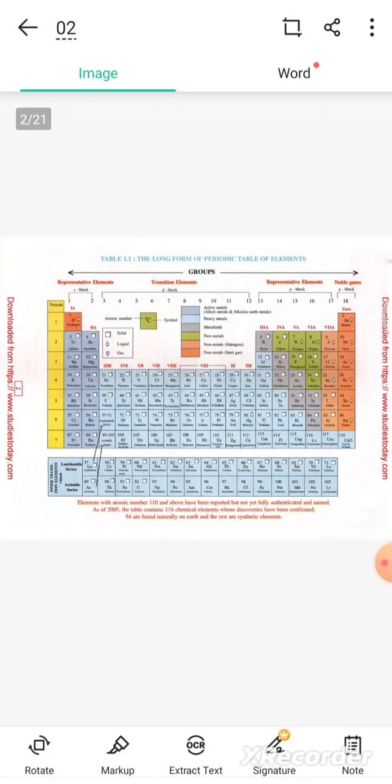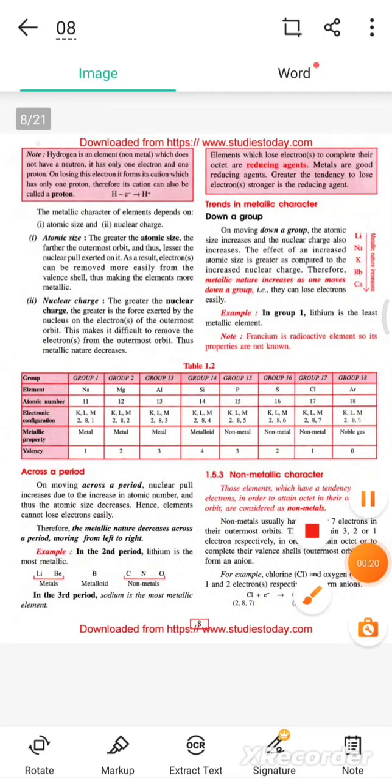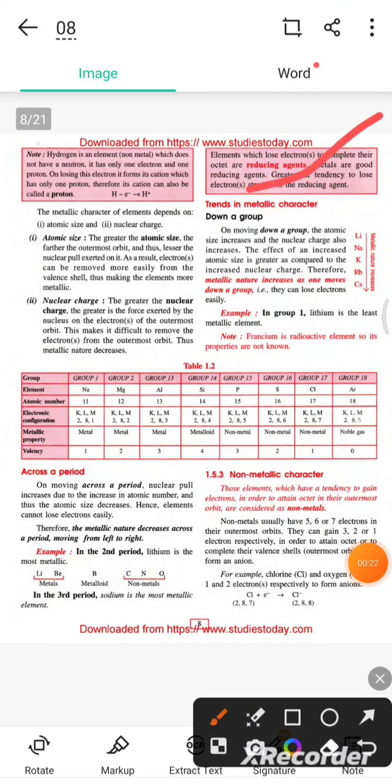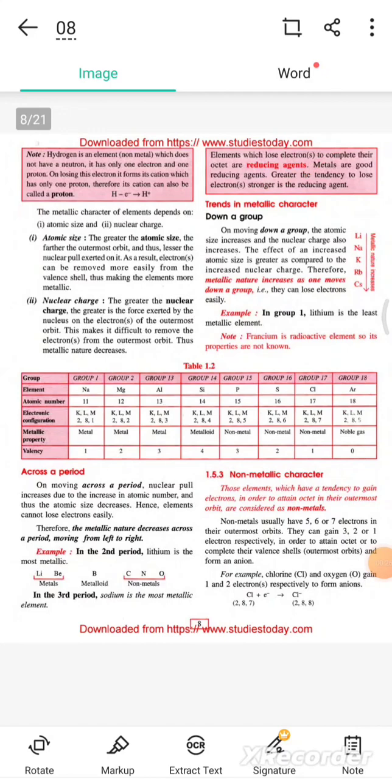As you know, we are continuing the same first chapter of your chemistry book, and we discussed in the last class some properties of the periodic table. Let us see what we have discussed. We discussed metallic character and its variation both in the group and in the period.